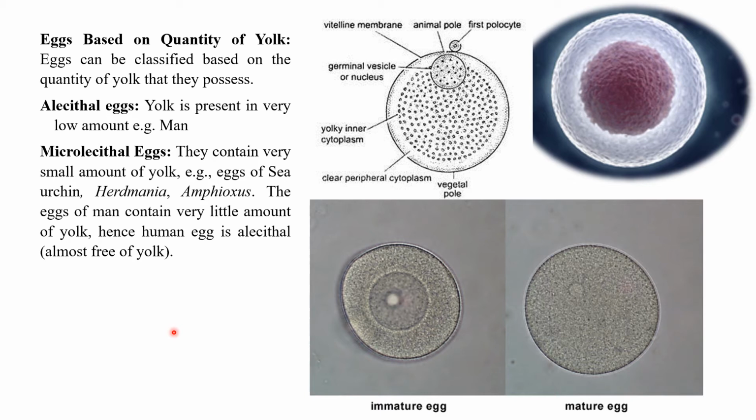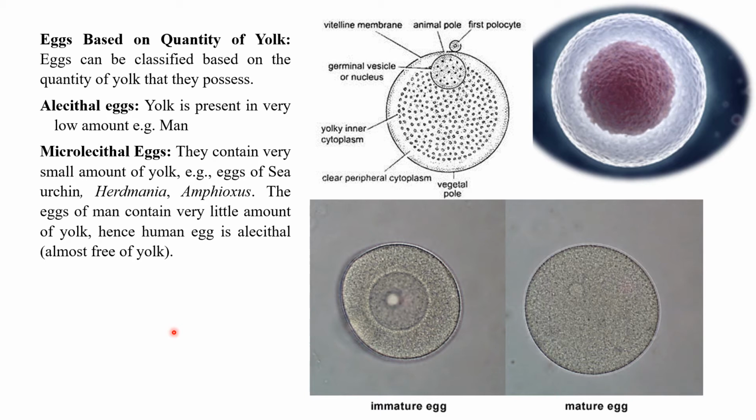Alecithal means these are the eggs that possess very little or almost no yolk, or yolk is present in very low amount.